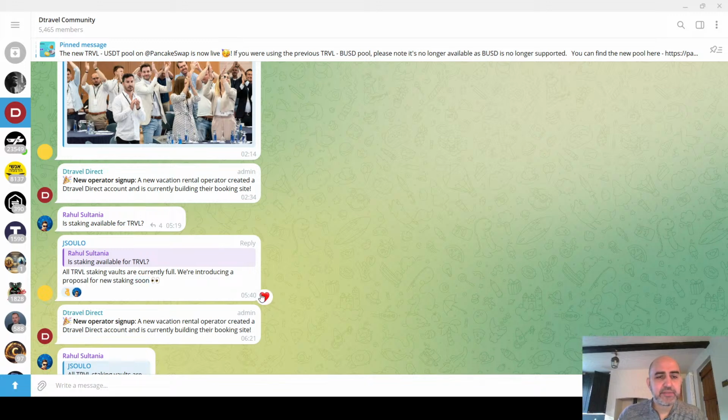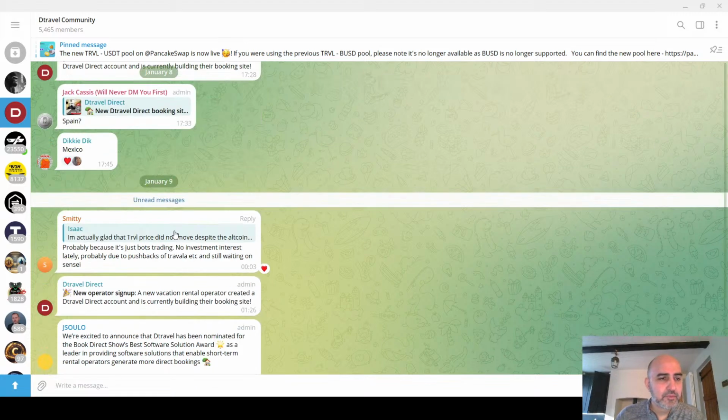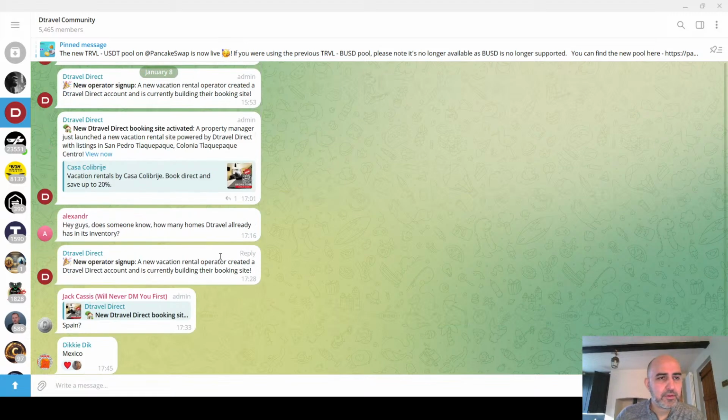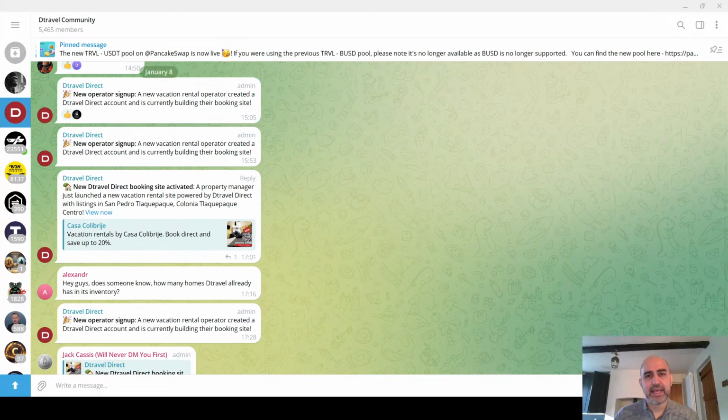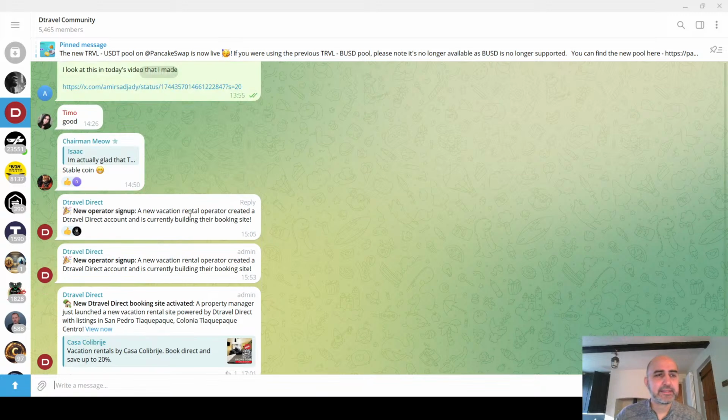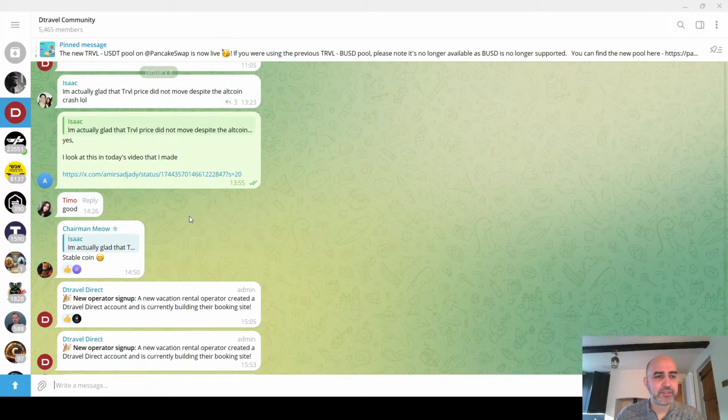Okay, so this is really important. This is happening soon. Soon there's going to be a proposal for new staking, right? And we just have to wait and see what happens. I think there's a lot of anticipation for that, and I think what we're experiencing now in the price is that anticipation.